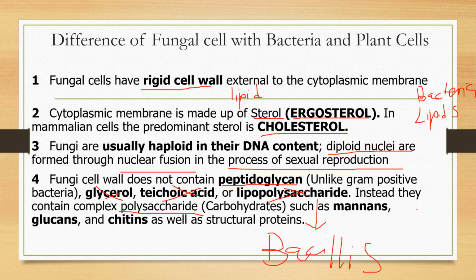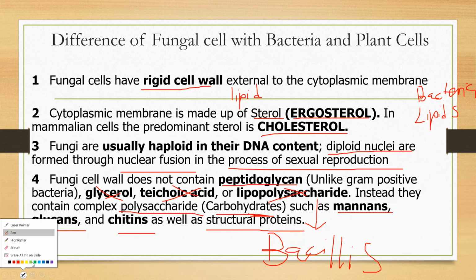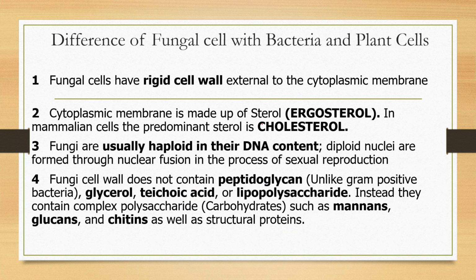But for your fungi, they would contain carbohydrates such as your mannans, glucans, and chitins, as well as structural proteins. So these are the differences between your fungal cell and your bacteria and your plant cell.